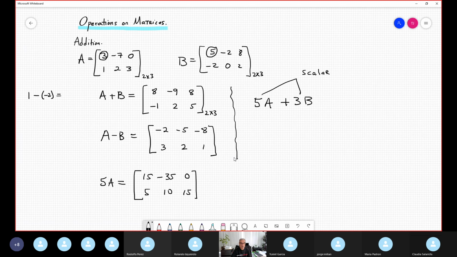And 3B: you multiply every element, every number inside the matrix, by the scalar outside. This is 15 again. This is negative 6, 24, wow, I made a mistake.